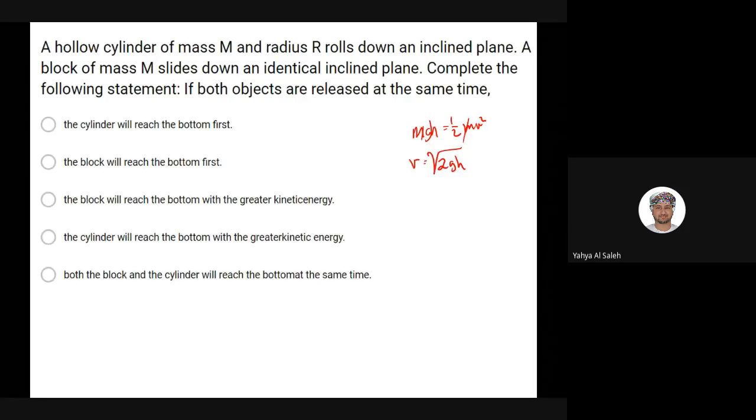So we know this is not possible. We know this is not possible. But we don't know which one of them will have the greater kinetic energy. Which one of them will have the bigger kinetic energy? Any ideas?